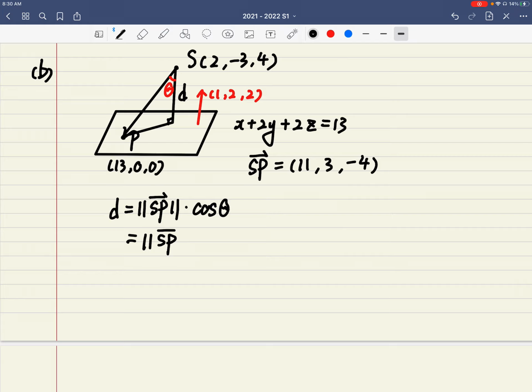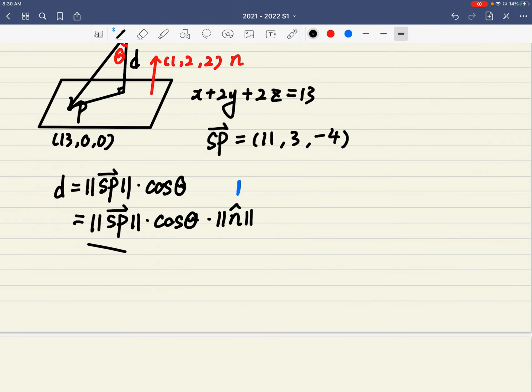But we can apply the same trick. It's the length of SP times cosine theta times the length of the unit vector of the normal vector, because this length is 1. You can always safely multiply anything by 1; it won't change its value.